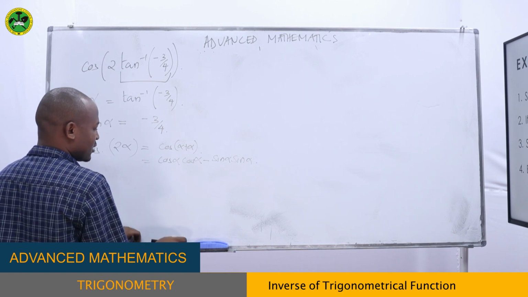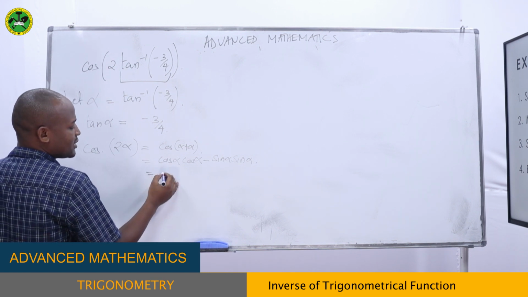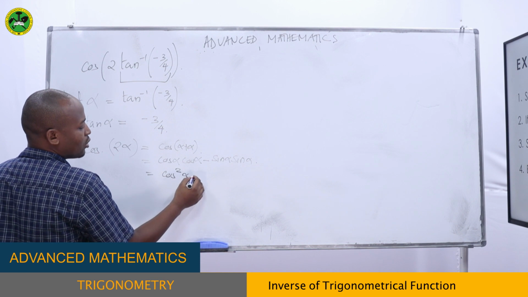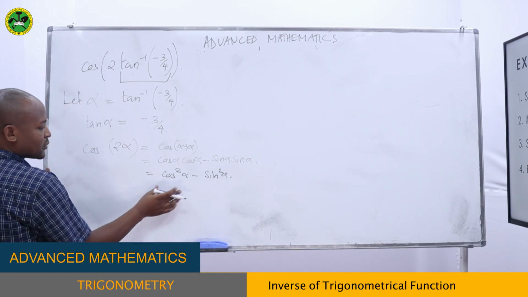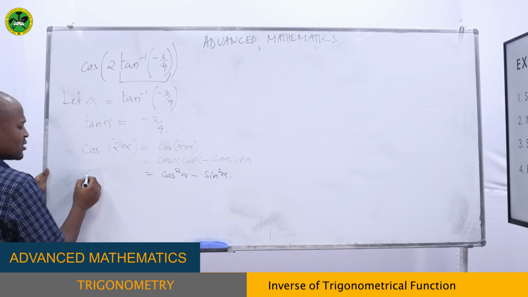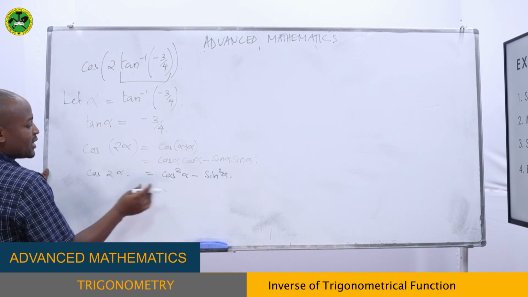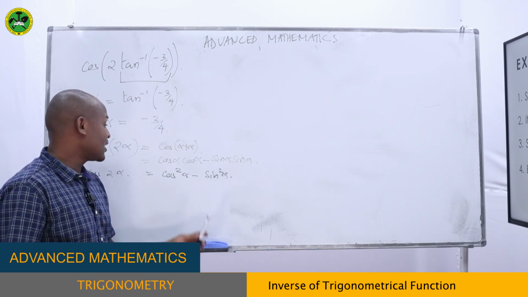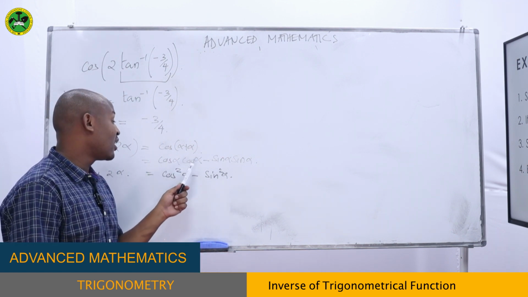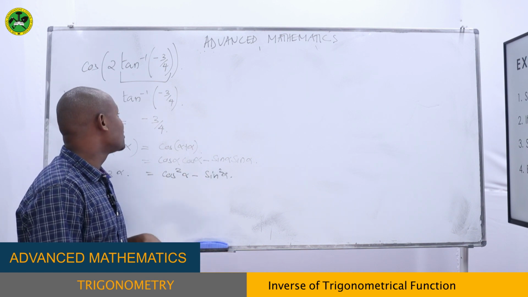This equals cos square of alpha minus sin square of alpha. So this is cos of 2 alpha. Now where do we find the values of these? That means we are supposed to find the value of cos alpha and sin alpha. Where are we going to get those?